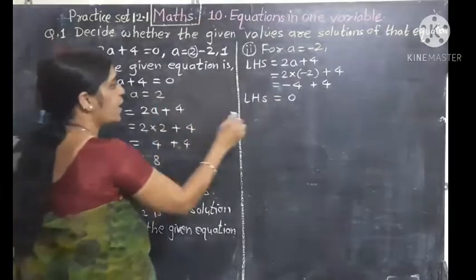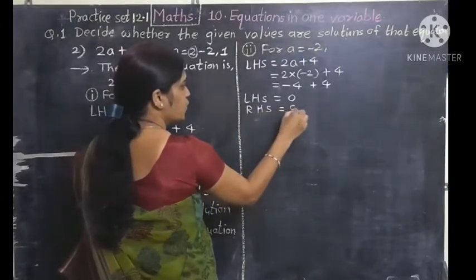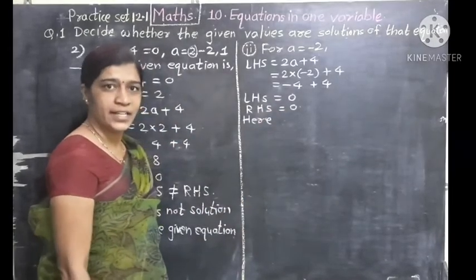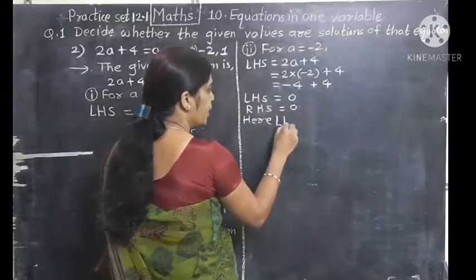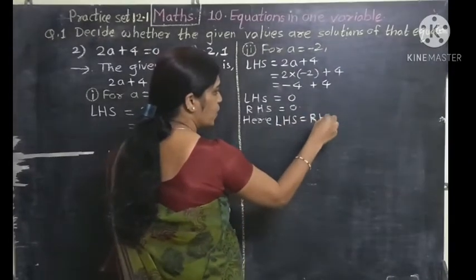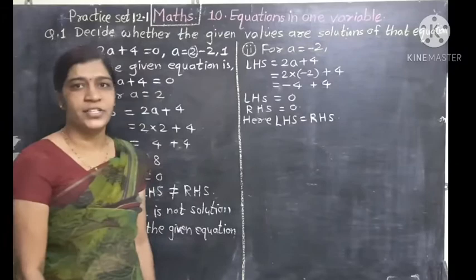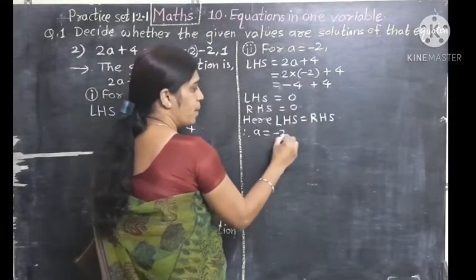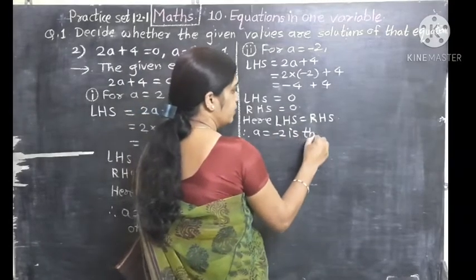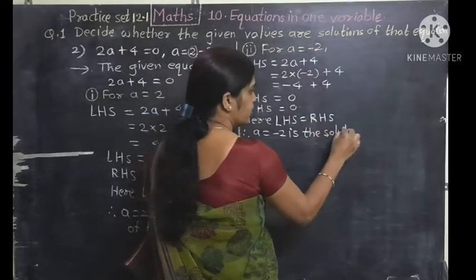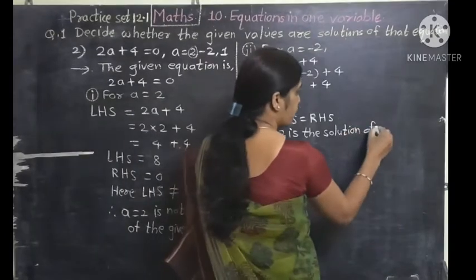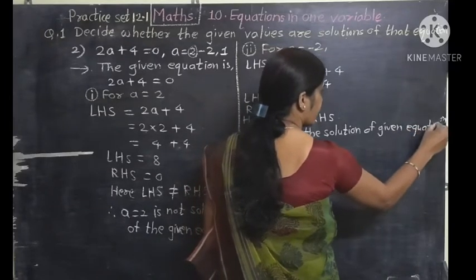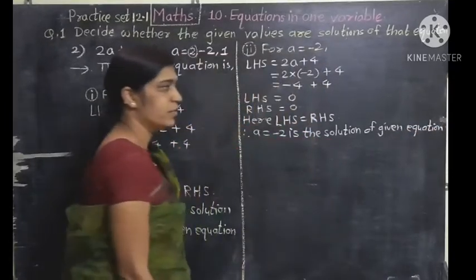Now what is the RHS here? RHS is also 0. So here both LHS and RHS are the same. Here LHS is equal to RHS. Therefore a is equal to -2 is a solution of the given equation.